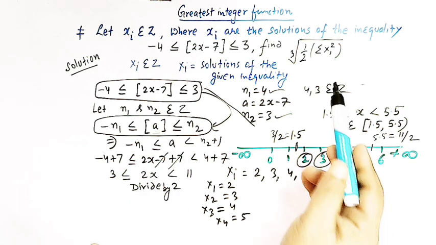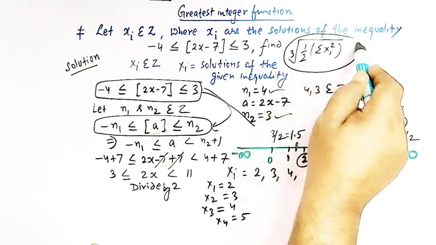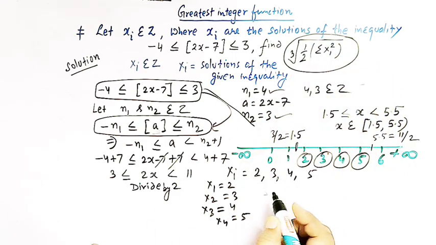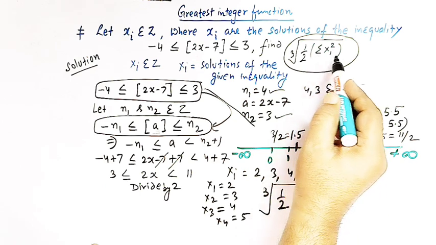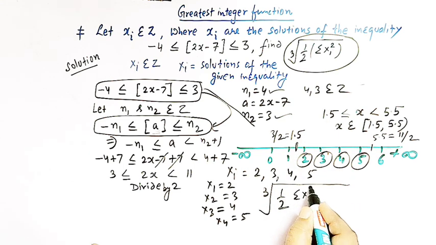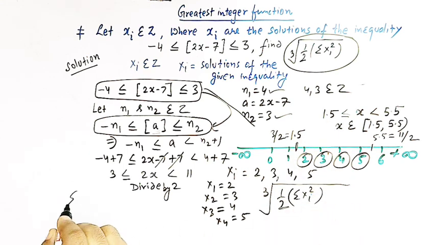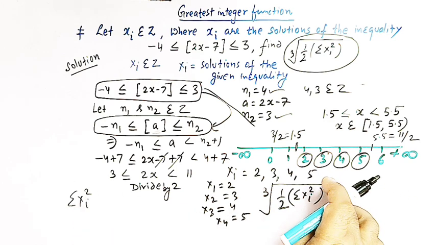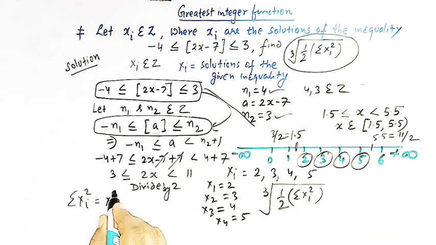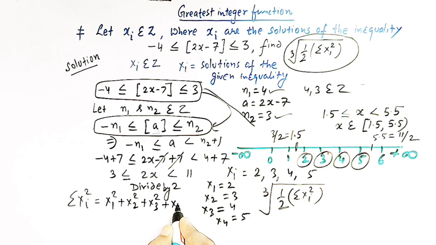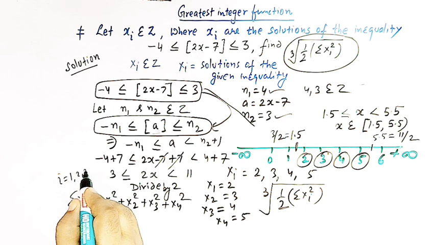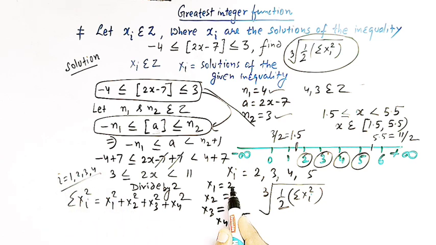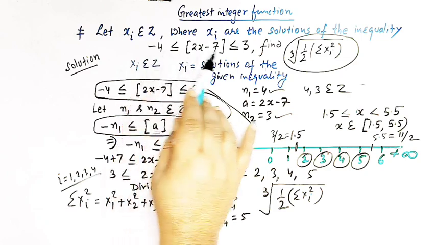So now we have to find the value of this expression, that is the cube root of half of sigma xi square. So we can now write sigma xi square as x1 square plus x2 square plus x3 square plus x4 square, because here i runs from 1, 2, 3, and 4, because we have 4 integer solutions of this inequality.